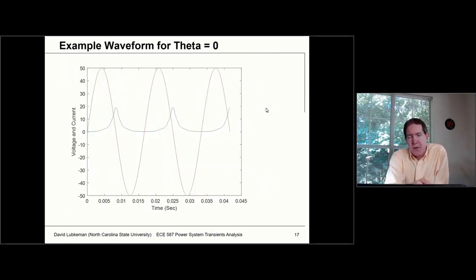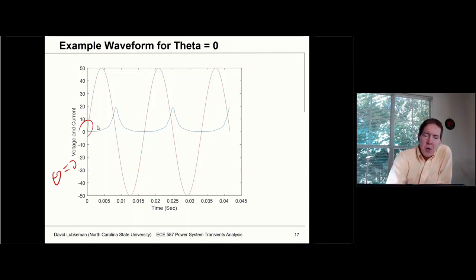So for this worked example, I'm showing you a result of what this is going to look like. If I have a sinusoidal source, and let's suppose the energization occurs at time equals 0, this is done for the case where theta is equal to 0. Basically, this is going to be the form of the applied voltage to that transformer, kind of sinusoidal in nature. What's going to happen is the current's going to start changing, and then as I get into the nonlinear region of that curve, it really starts to rapidly increase.